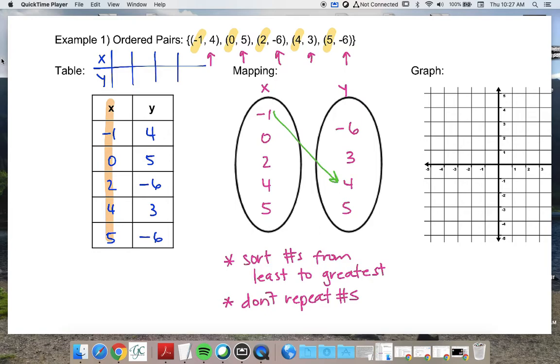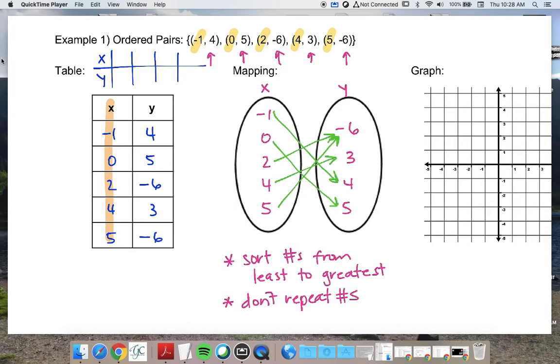Then I'll connect the next point, 0, 5. We'll draw an arrow from 0 to 5. It's always from x to y, never the other way. And then we'll go to -6. Then we'll have 4, 3. And then lastly, 5, -6. So if you notice, there are two arrows pointing to -6 in the y column, and that's okay.